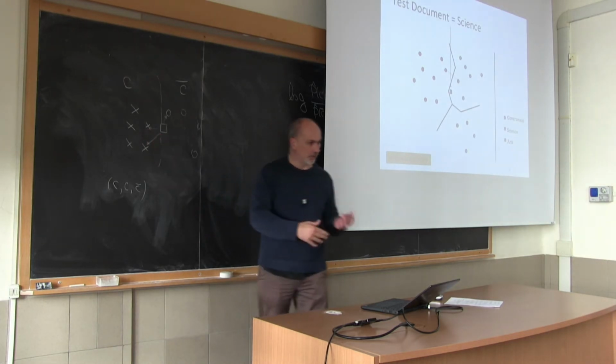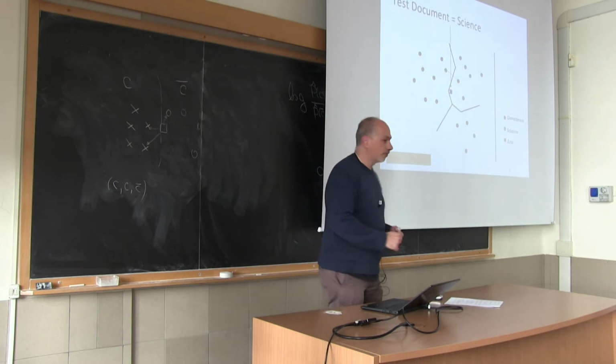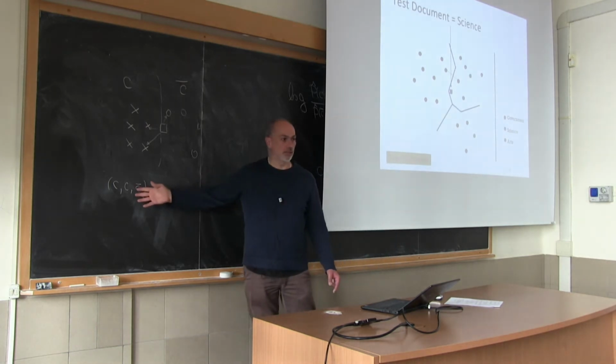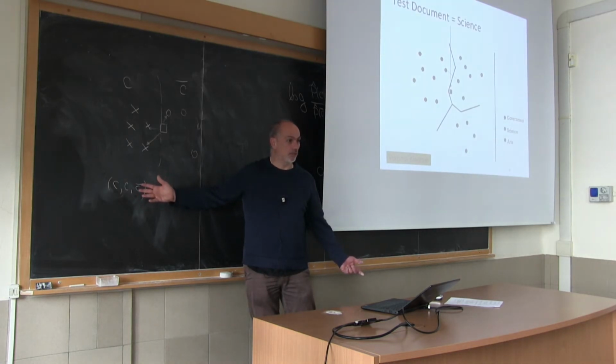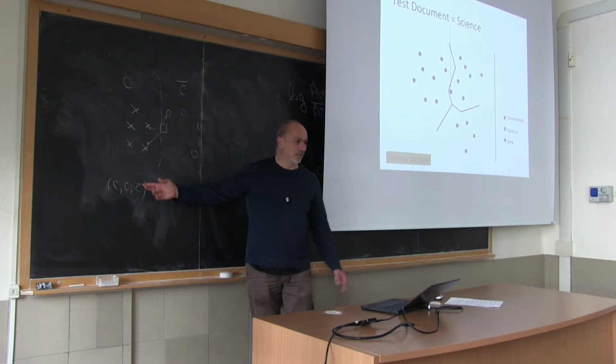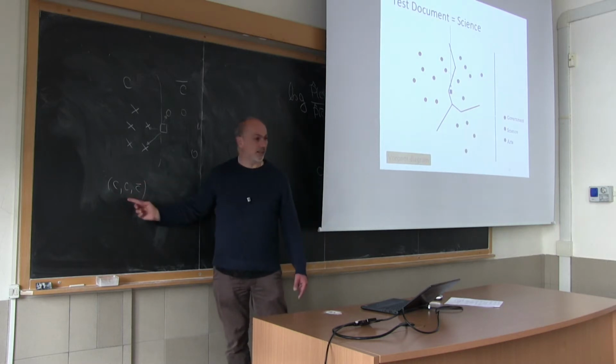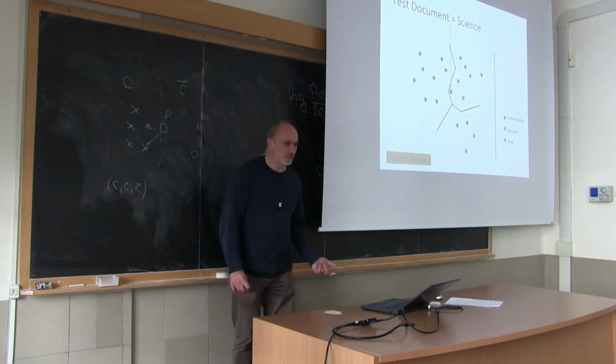And if K is large enough, let's say not very large, an odd number, 5, 7, very often you get very good results. Normally you will pick K to be an odd number so that it is easier to break ties, especially when you apply the majority rule. But that's essentially the algorithm.